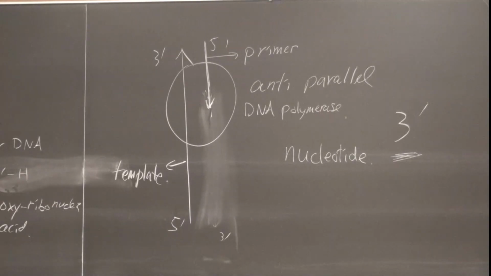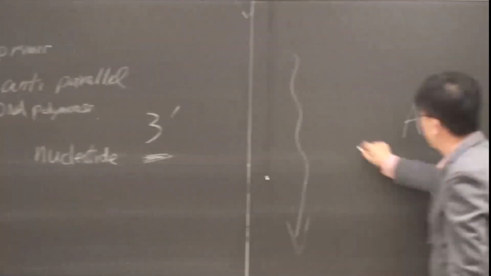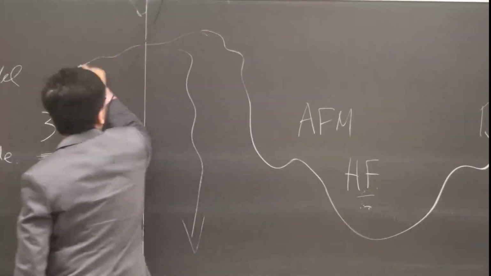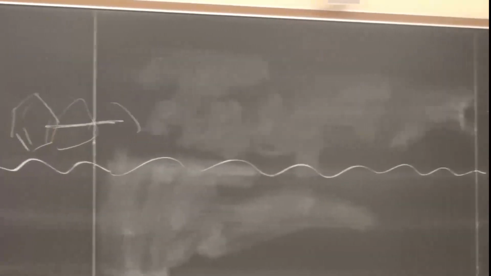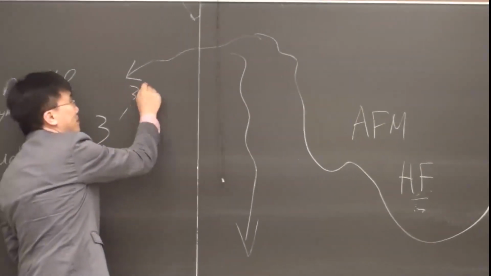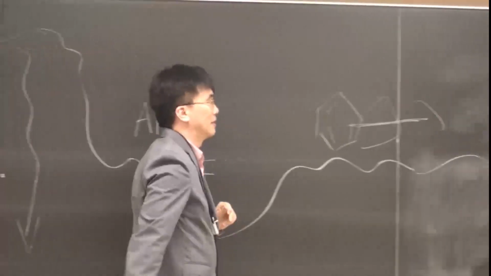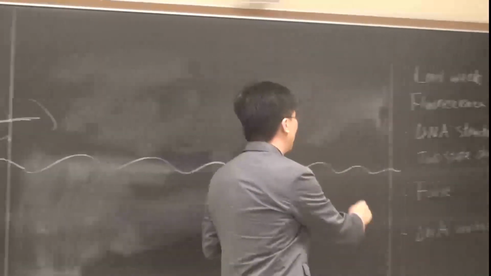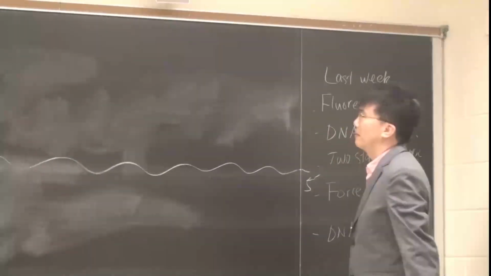So this raises an interesting point. If you have a really, really long DNA, and as it is, there's an arrow. Which direction is this? 3'. And 5'.